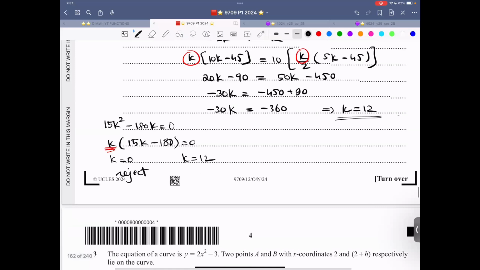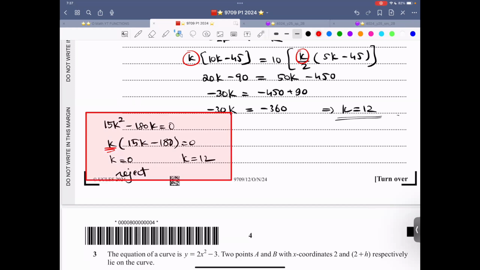That's one way. Now, what if you did not divide and you took it as a quadratic, and then you take common, K is equal to 0, reject, because a series cannot have 0 terms, and you find the value of K as 12.